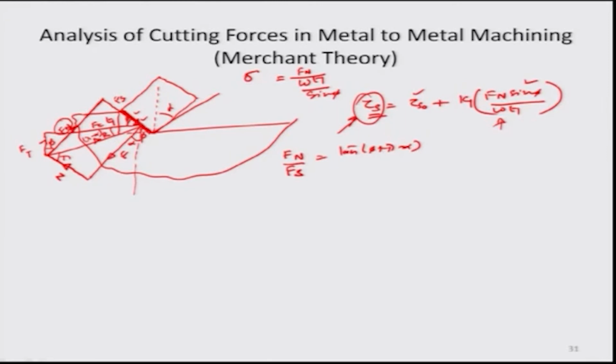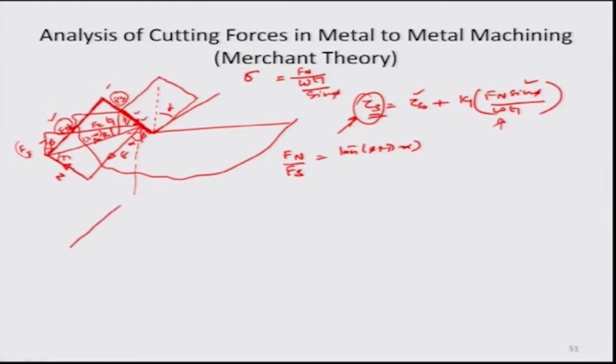So, obviously, the total angle between the Ft and Fs in this right triangle would be phi plus lambda minus alpha. This right here is phi. So, phi plus lambda minus alpha is the total angle of the force triangle corresponding to the normal force in the shear plane and the shear force.